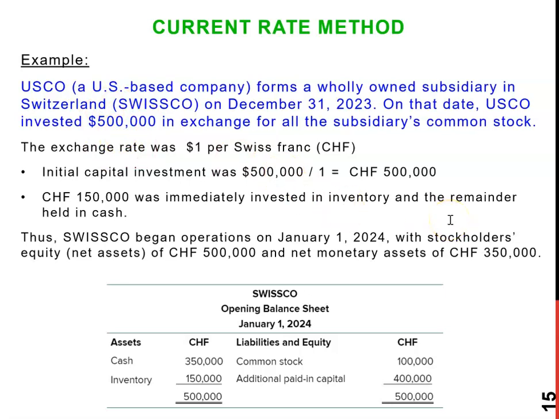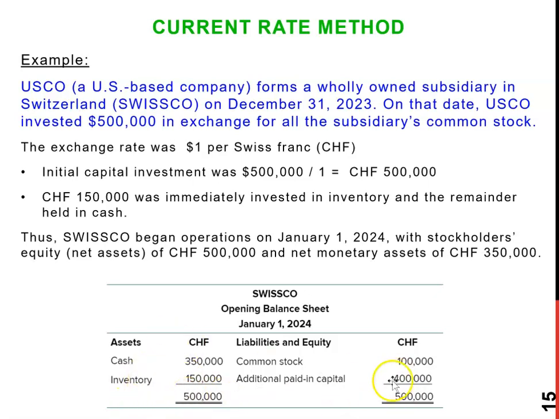Then the Swissco subsidiary purchased inventory, and the rest of the money they held as cash. So they spent 150,000 for inventory and the other amount as cash. If you look at their opening balance sheet on the very first day of the business, on the asset side you have cash 350, everything in Swiss franc, and inventory 150.